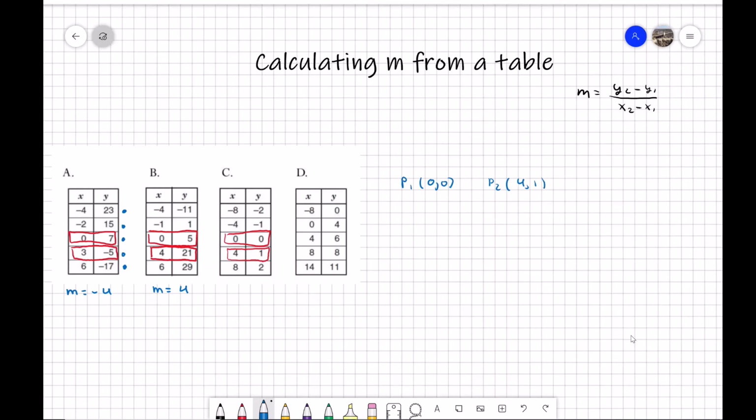So this is x1, y1, x2, y2. We just apply the formula: 1 minus 0 divided by 4 minus 0, and we end up with 1 over 4. So the slope for C is 1 over 4.